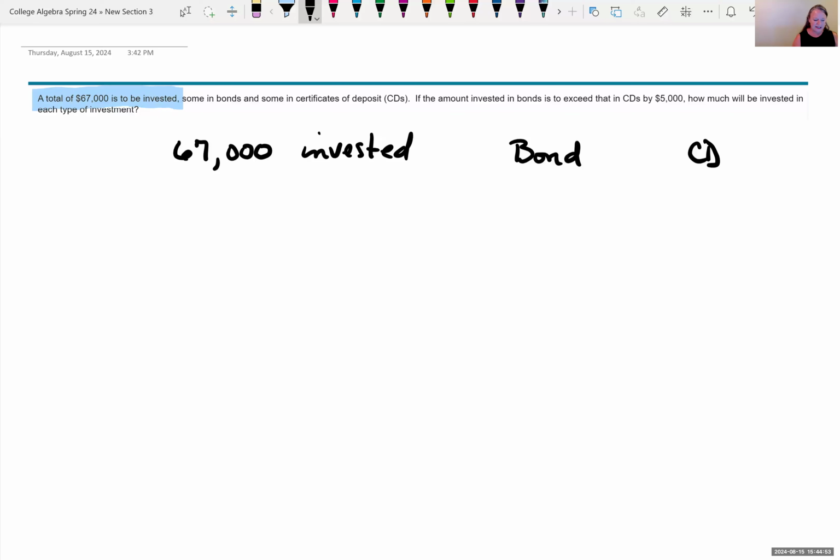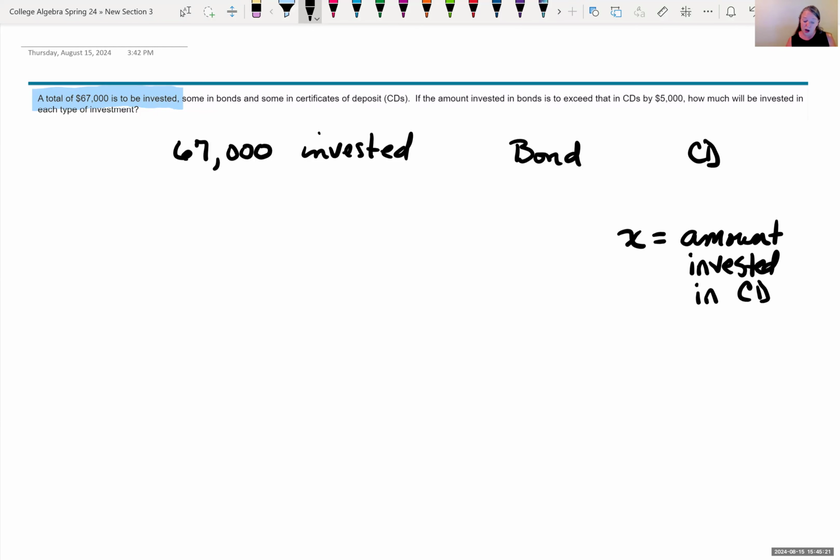So I'm going to need to start defining what I want my variable to be. So if I let x equal the amount invested in the CDs, it says if the amount invested in bonds is to exceed.